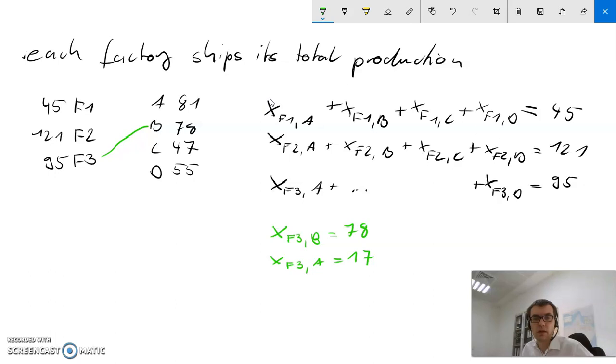And the values of the other decision variables, F3 to C and F3 to D, equal 0. So these 4 values of the decision variables would fulfill this constraint. That is nice, because now we make sure that these 95 units are flowing out of factory 3 to the customers.